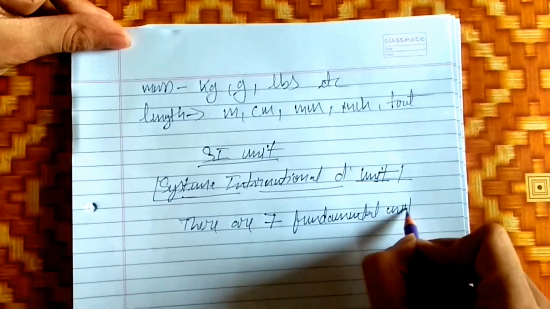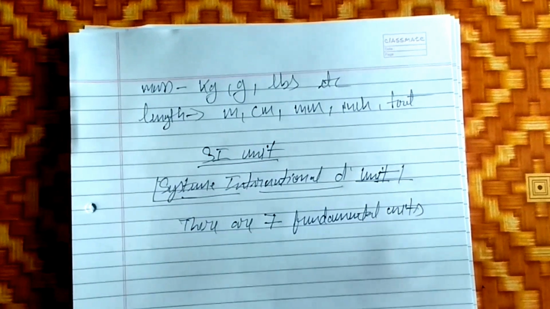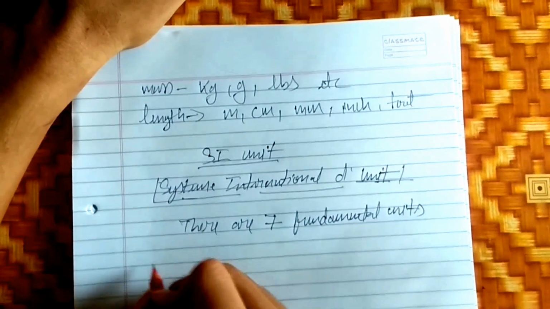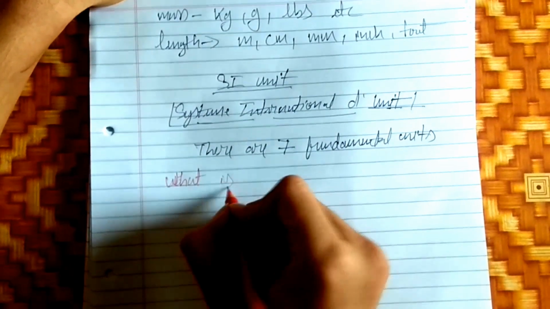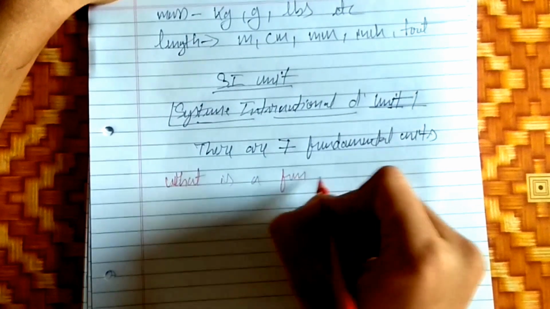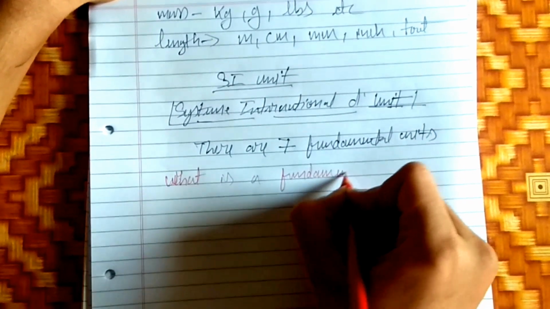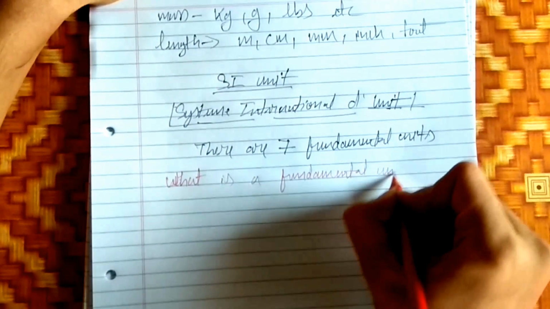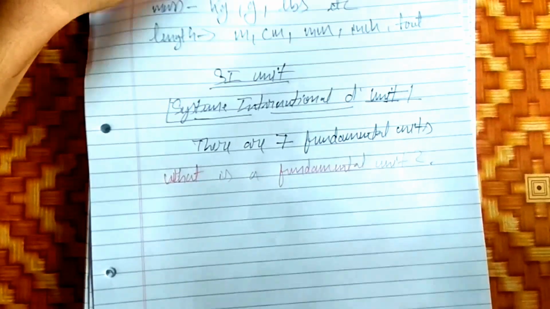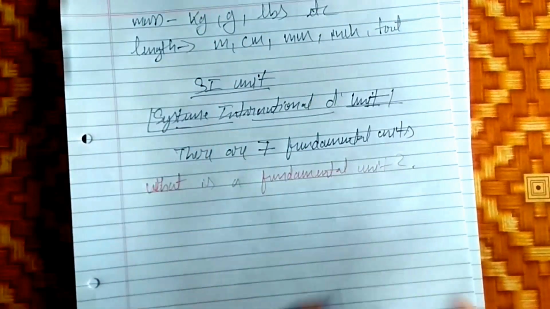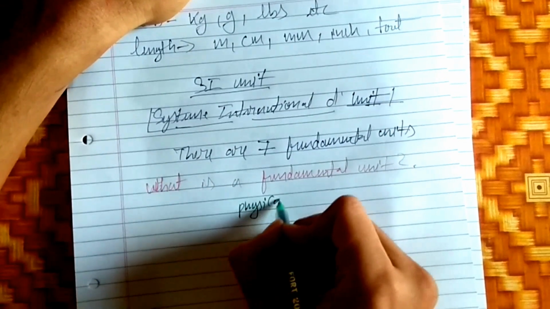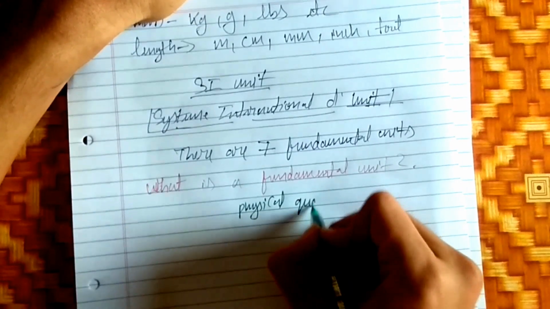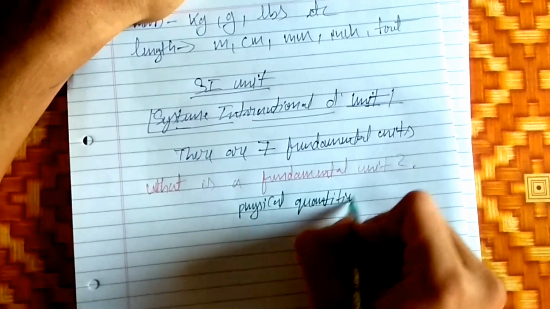Now the question comes: what is a fundamental unit, right? Actually, physical quantities can be divided into two categories.